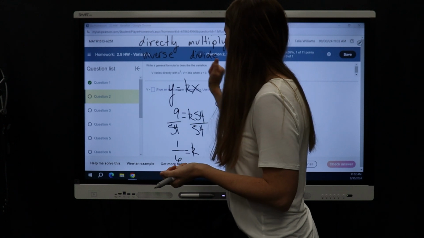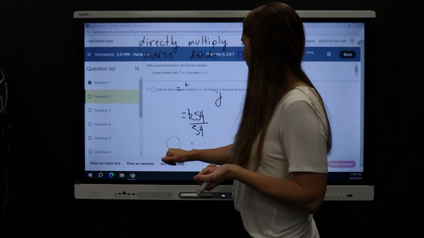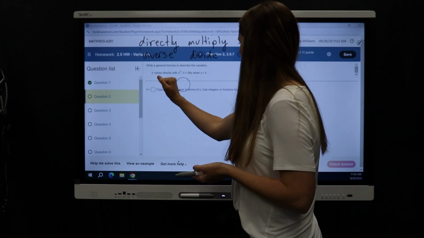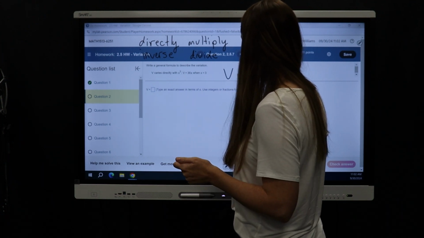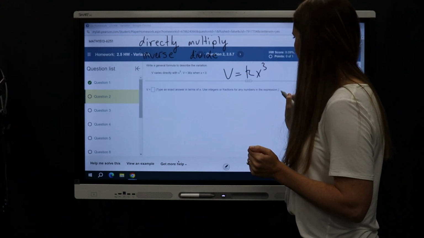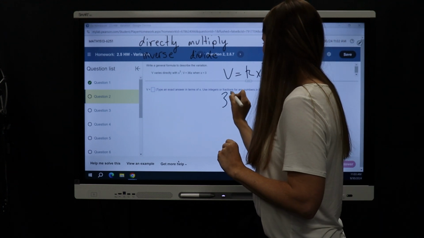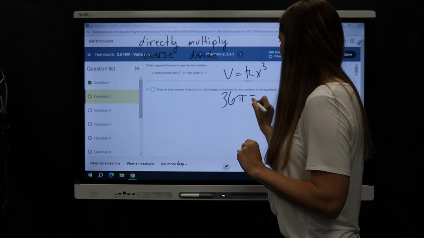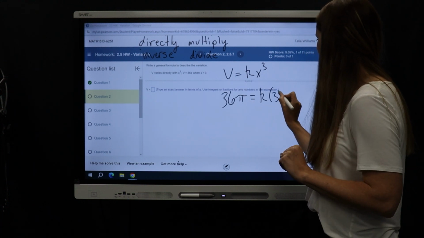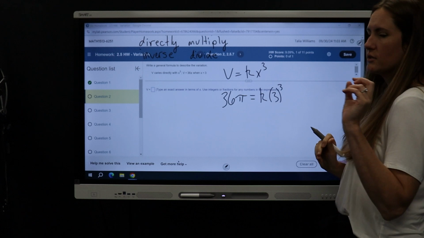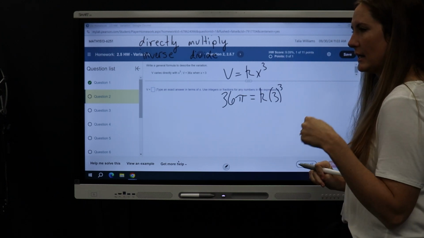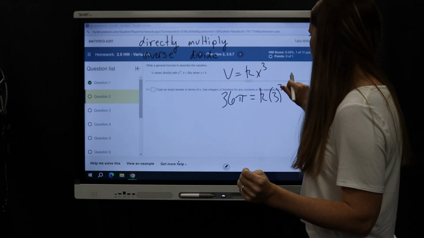Okay, next one. V varies directly, so multiplying, with x cubed. So V is 36 pi, equals, we're finding k, and we're going to have 3 to the third power. So remember, when it's to the third power, that is how many times you multiply it by itself. So this isn't 3 times 3.